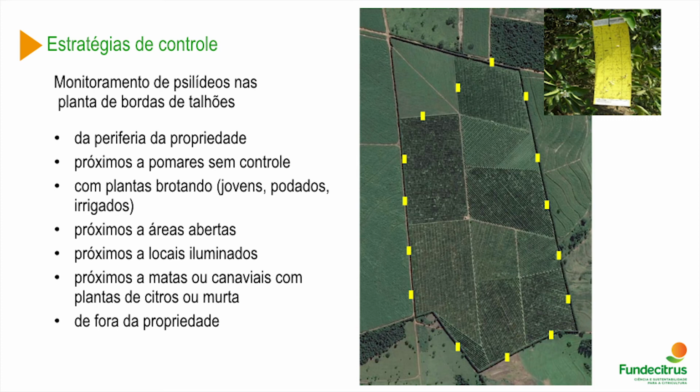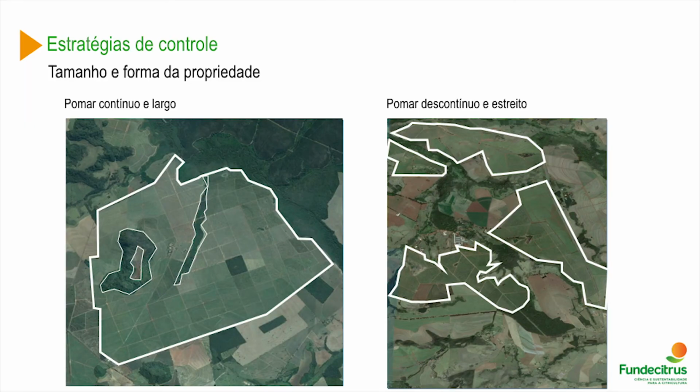So that would be on the border of the property, the first place, the entry place of the psyllids in the farm, and especially close to plots that have no control. Also in shooting plants, pruned groves, irrigated areas that is close of the areas where the insect is coming from the outside of the farm.